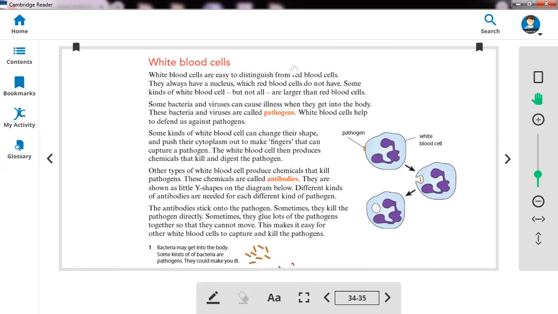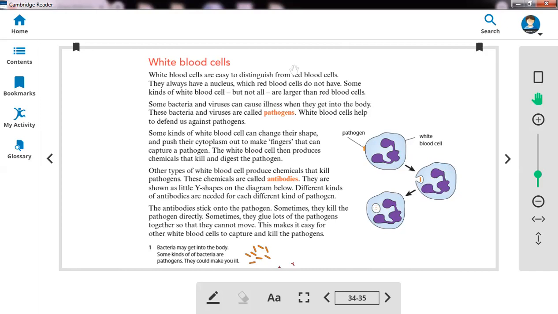And some kinds of white blood cell can change their shape and push the cytoplasm out to make fingers that can capture the viruses and the bacteria.